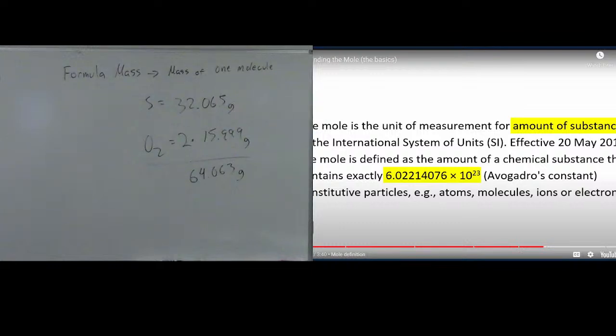And I'm going to tell you right now, you don't need anything past 6.02. You need to know this, and you need to know this. Okay, 6.02 times 10 to the 23rd. And this, 6.02 times 10 to the 23rd, is called Avogadro's number.